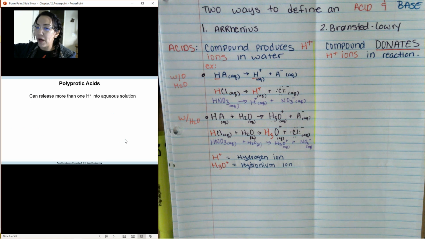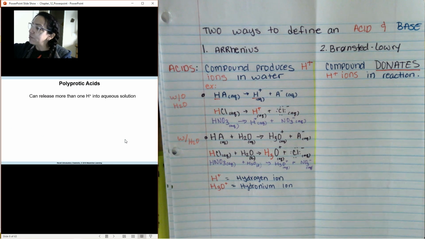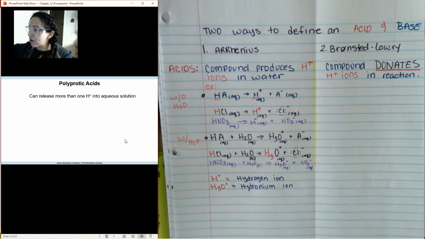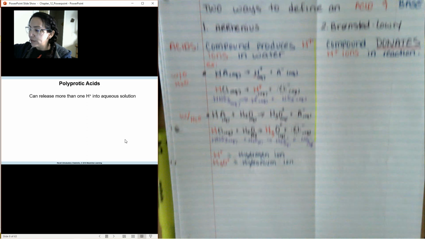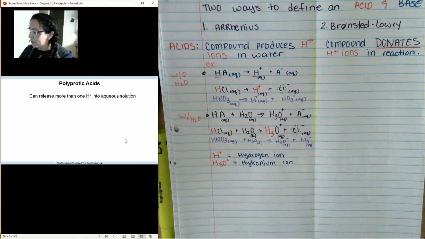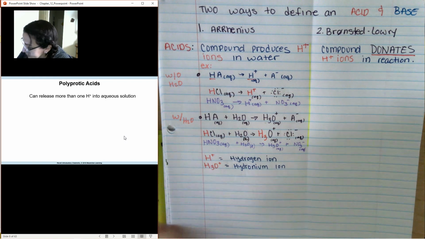This is the other part I wanted to add about our acids: polyprotic acids. Polyprotic acids are basically acids that produce more than one hydrogen ion in our reaction. Fix the camera here so we can see with the paper. All right, so let's go over polyprotic acids.